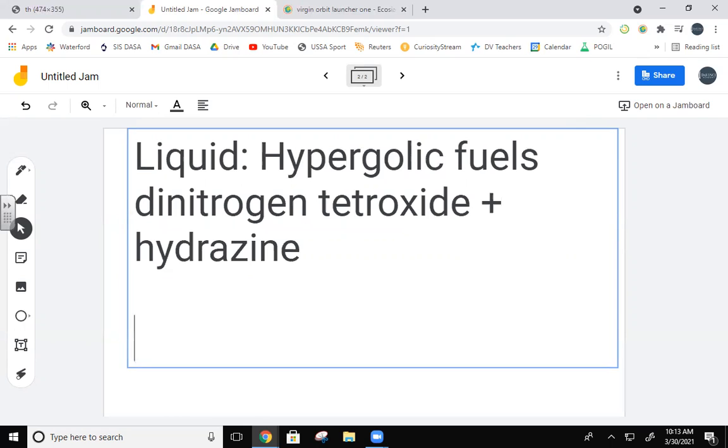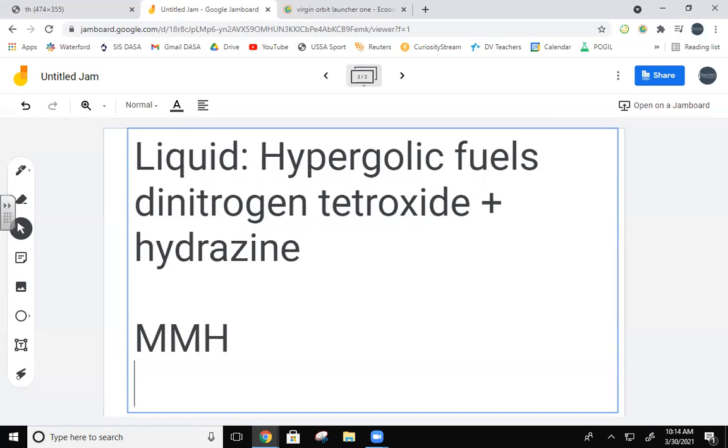It's monomethylhydrazine and unsymmetrical dimethylhydrazine. It's abbreviated as MMH, monomethylhydrazine.